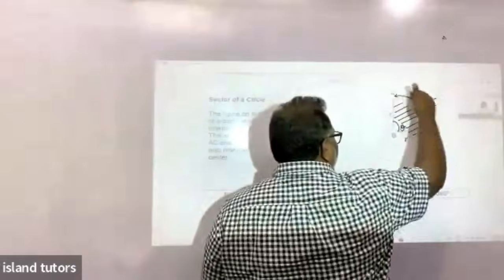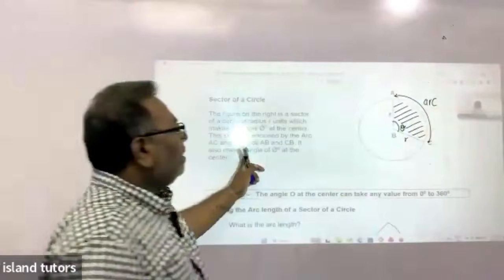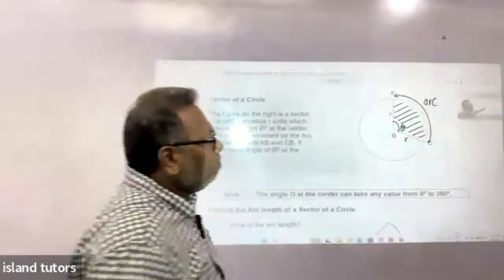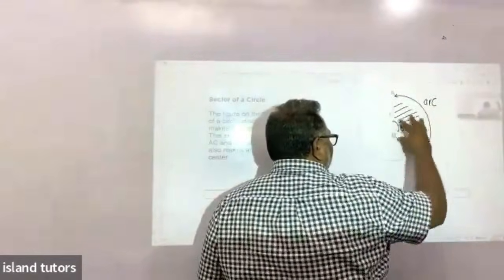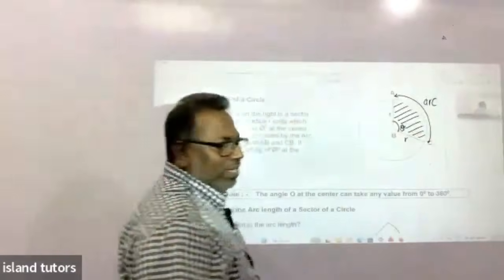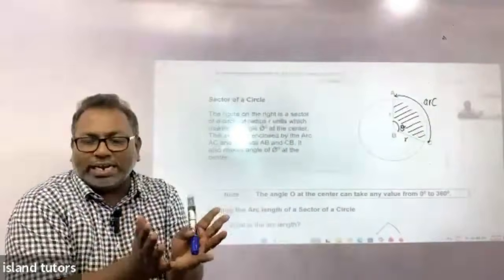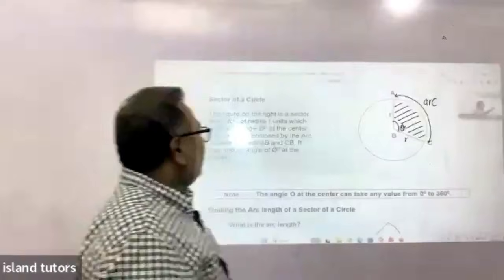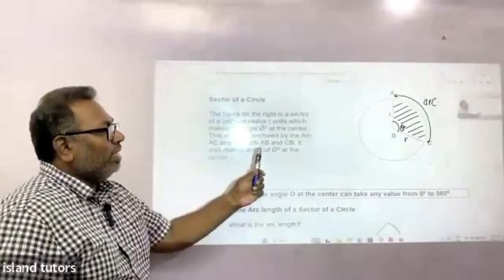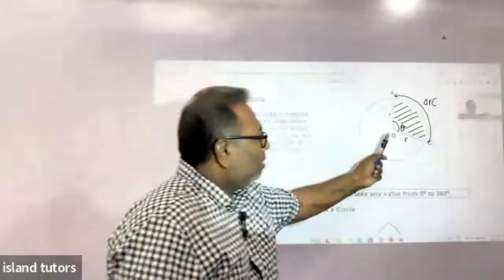So you have the arc AC and the radii AB and BC. This part of your circle is called the sector. It is made up of two radii and your arc, and there is an angle at the center.